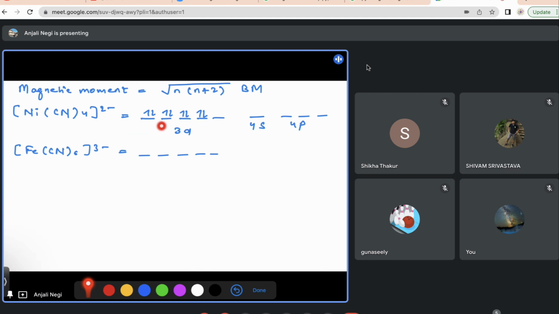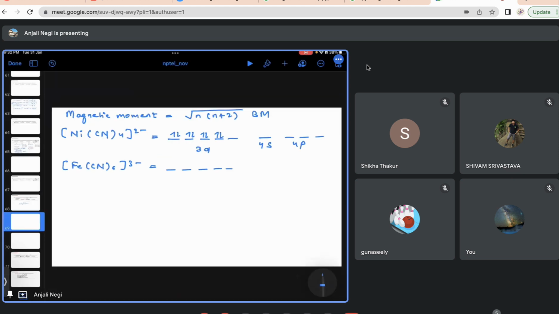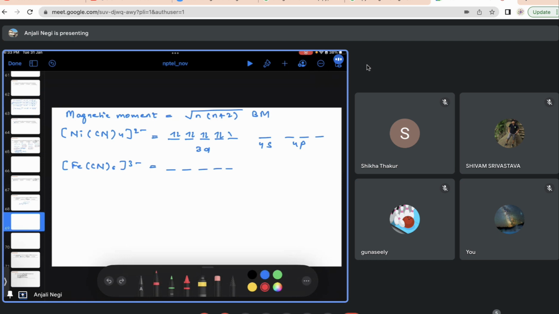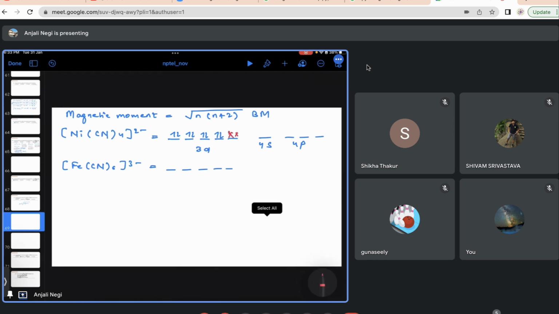Further, the ligand electrons from cyanide, there are 4 cyanide, that is 1 2 3 and 4. This is the ligand electron in red color, and we will do this first, and then I will find out the number of unpaired electrons corresponding to each metal complex.